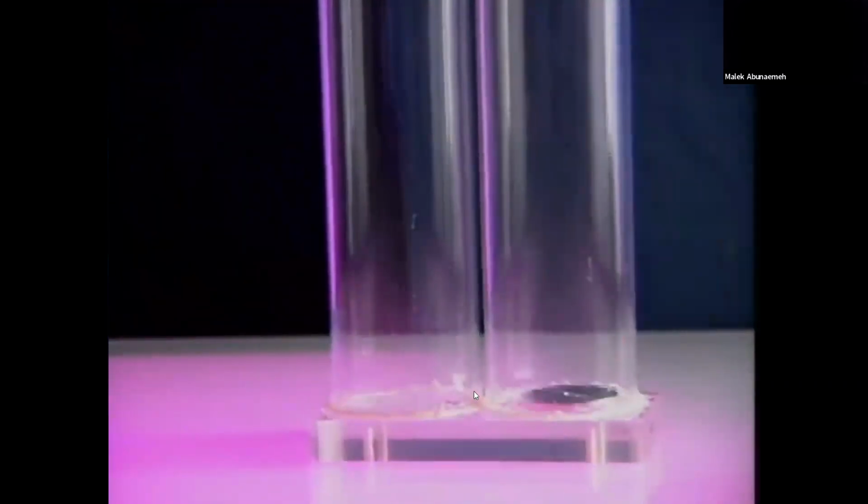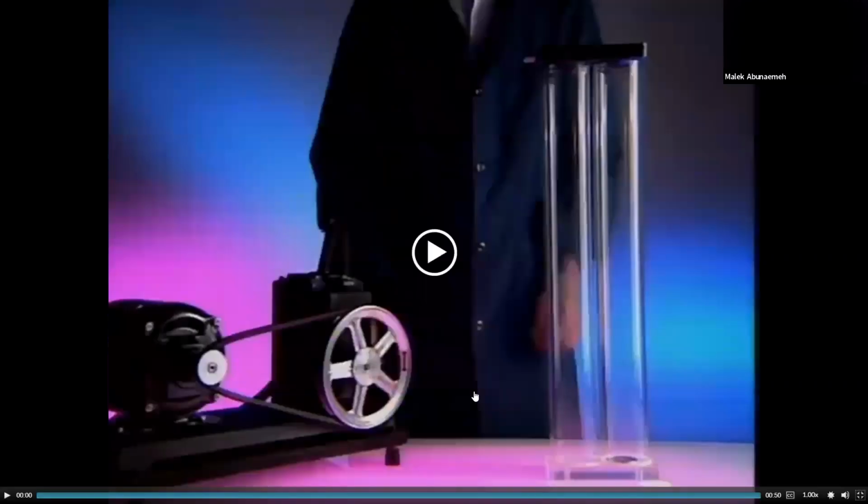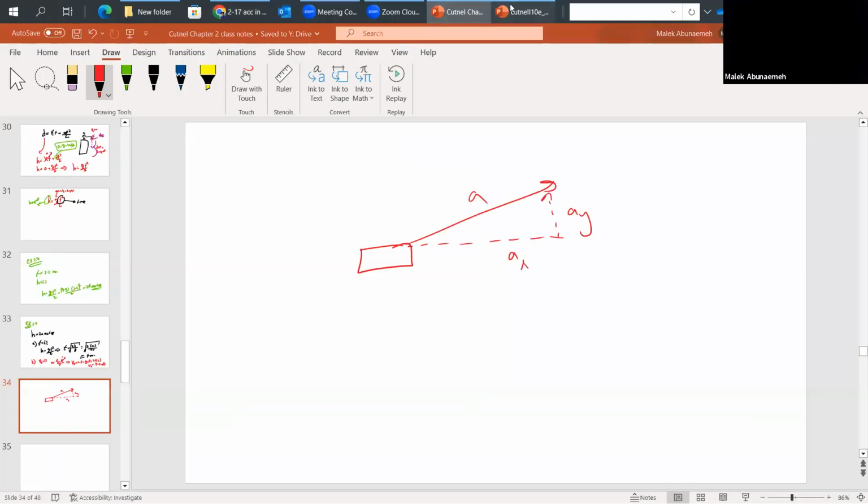When we talk about vacuum, we took the air out, so there is no air resistance.